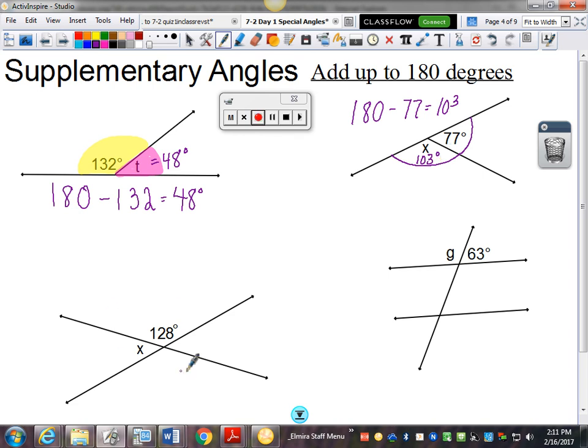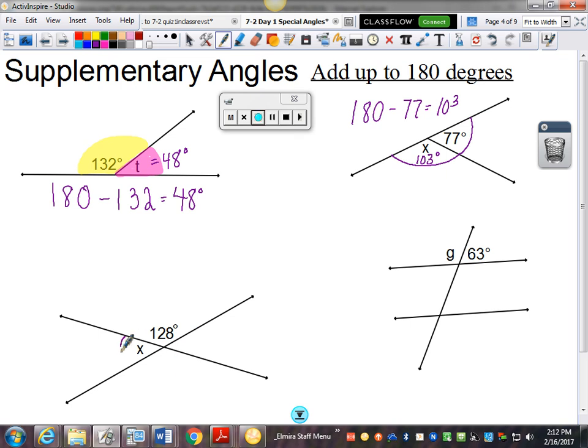Alright, this diagram down here in the bottom corner, it looks more complex than the first two because it has this line here, pointing down. But these angles aren't labeled.